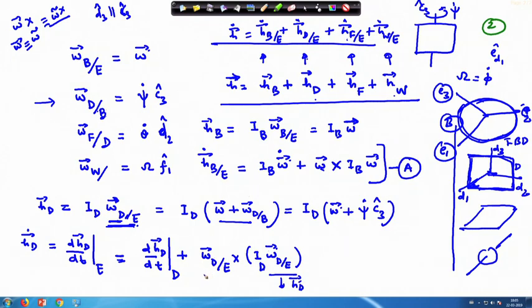So, this is the way we have written it. You have to particularly take care of the terms while I am writing here, this is omega d slash c. If we look at the earlier place, this was omega. This is the difference which we have to take care of, because now you are considering this particular frame with respect to the E frame.